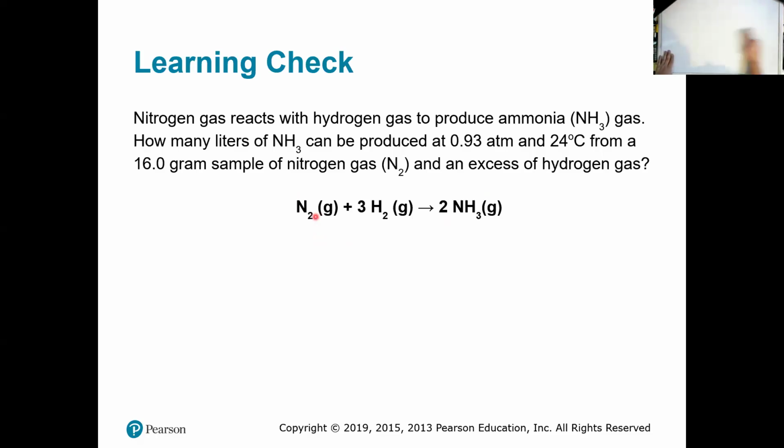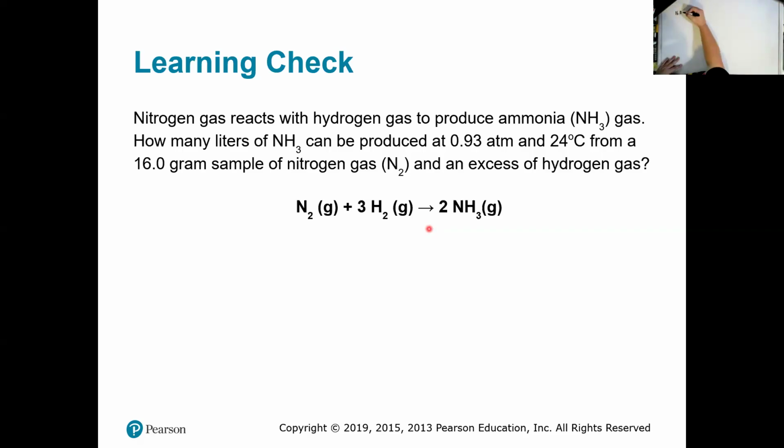When you have a mass value that's given to you, and you have to use it in a balanced reaction or in the ideal gas law, the first thing you want to recognize is that the mass values are not going to be very useful to us unchanged. We can't use masses in a balanced reaction. We can't use a mass value in our ideal gas law.